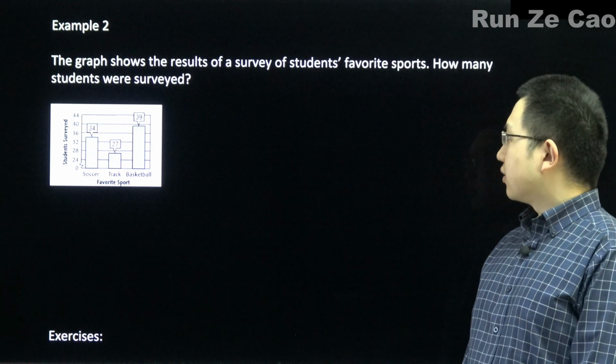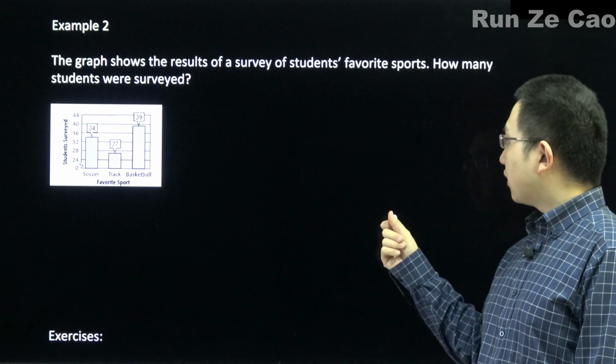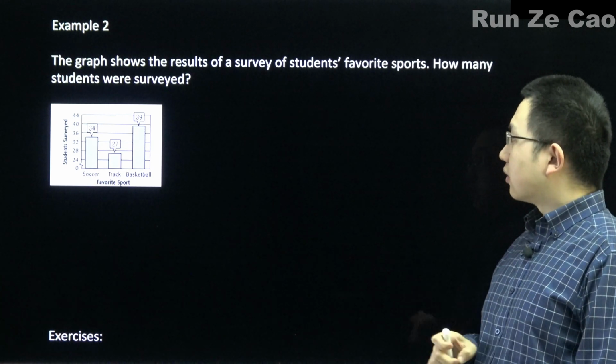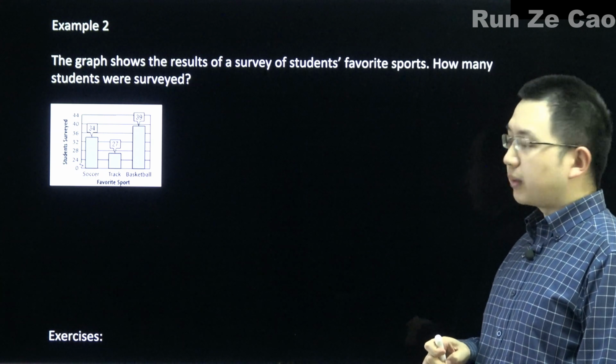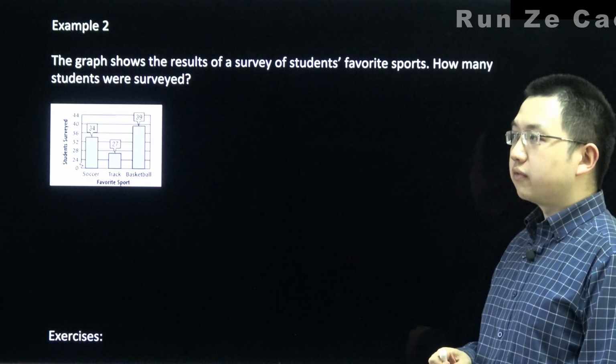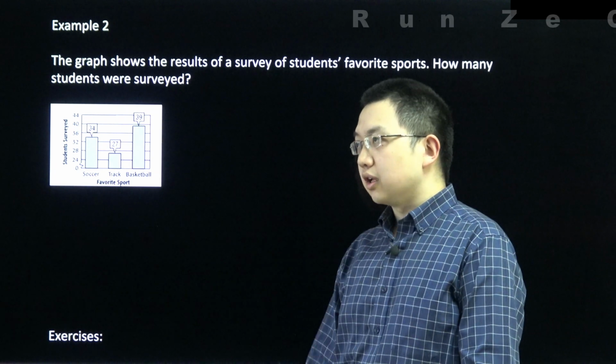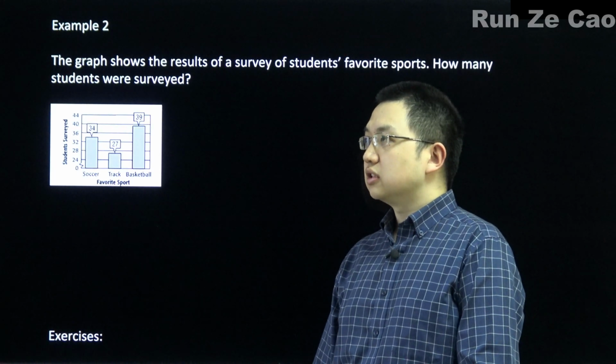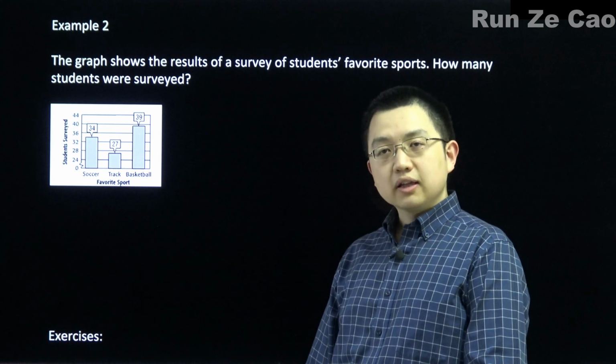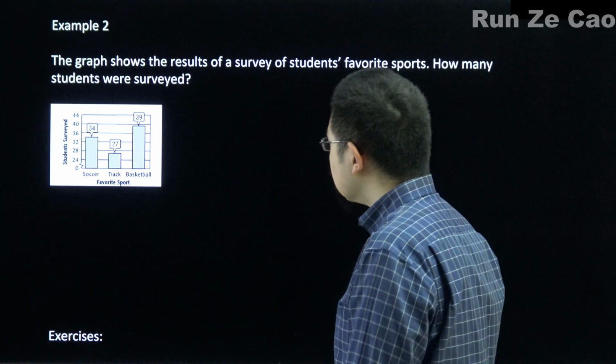Okay, this graph shows the results of a survey of students' favorite sports. How many students were surveyed? Being able to read graphs is an important part of being able to deal with functions. Scatterplots, you can do linear regressions, which are a type of function, but that's mostly saved for later for data management.